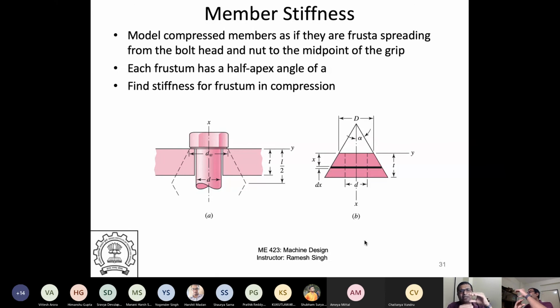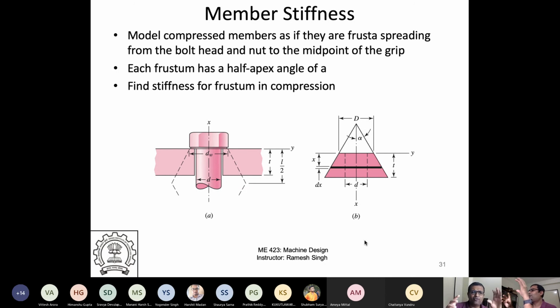And if you have two different materials, all you have to do is take each material separately, because you have to estimate what is happening in each material. But if it's the same material, then you can just assume it to be the same. You can use the formula where 2T means the entire grip length, and use that formula which we have for grip. Regardless of whether there are 2 layers or 4 layers, it will be the same.